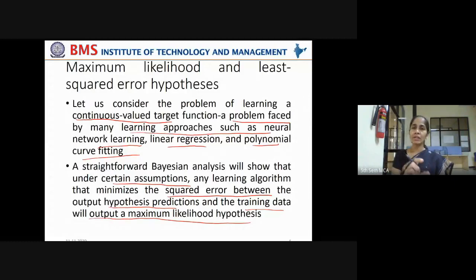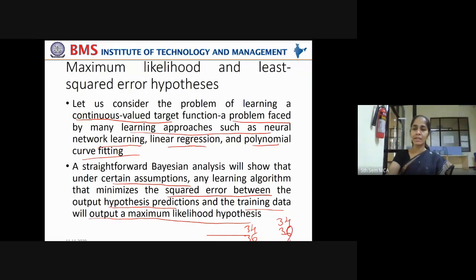Whether it is positive or negative, we are not bothered. Say the weather has to be forecasted as 34. The actual value is 34, but it is forecasted as 32 on one day.